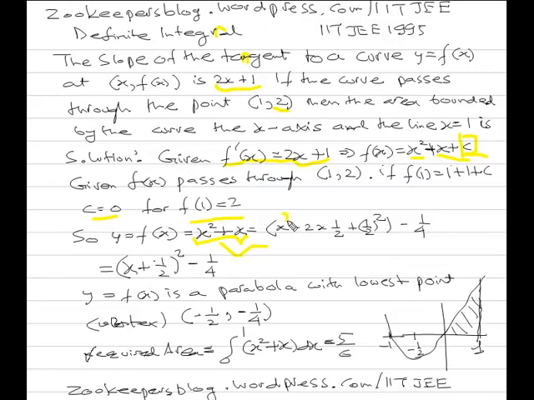So we write it as x square plus 2x into half, plus half square, and then as you introduce this extra term, you write minus 1/4, which means it is x plus half whole square minus 1/4. So y equal to f(x) is a parabola with the lowest point, the vertex being (minus half, minus 1/4). So the lowest point is minus 1/4 anyway.